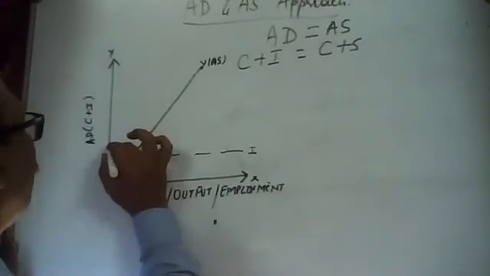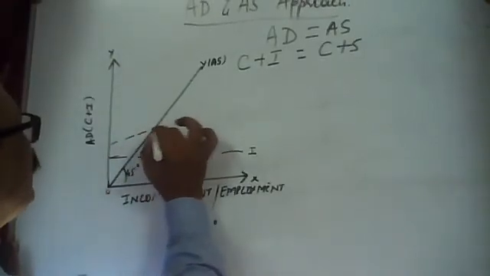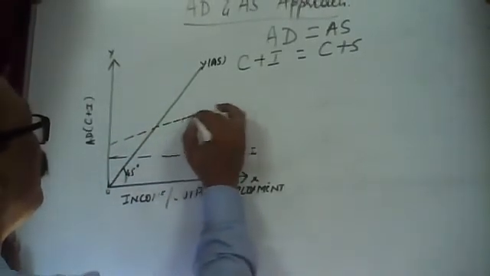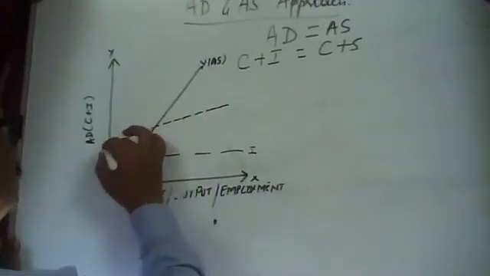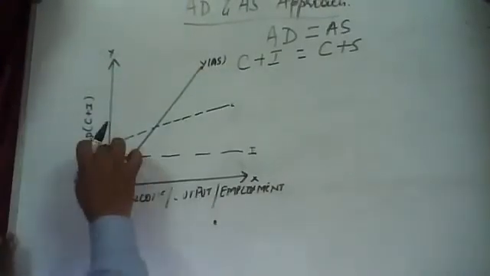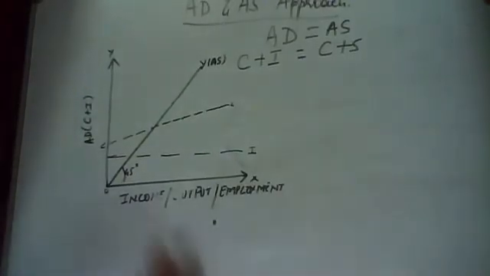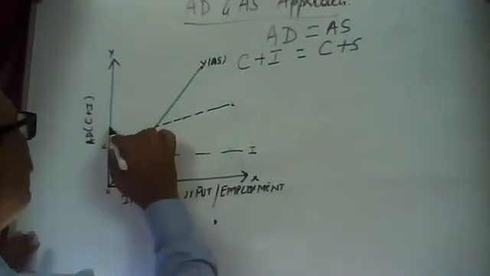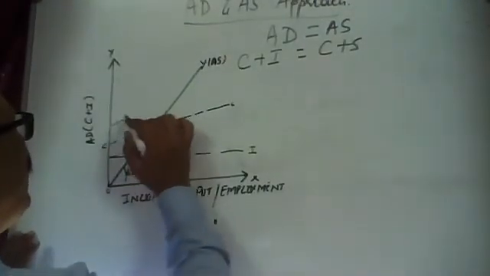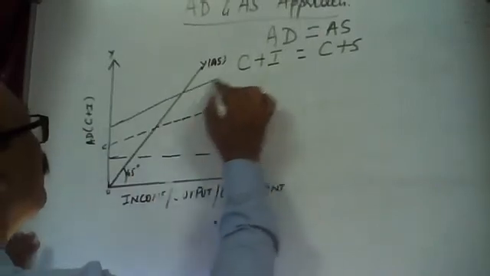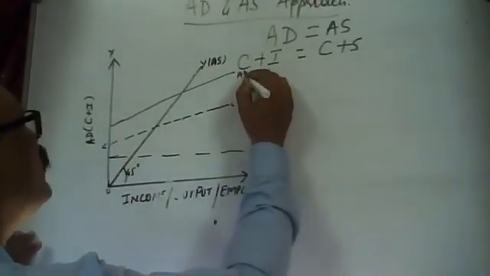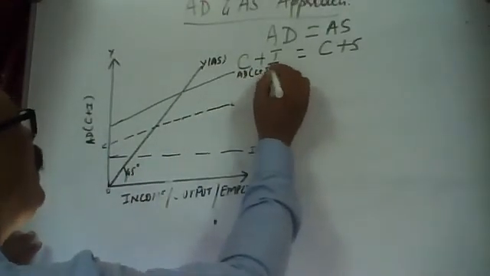So this is your consumption line, C and C, it begins from above the origin. AD is equal to C plus I, right? So somewhere above here, you will have your AD line, which is the sum of C plus I.